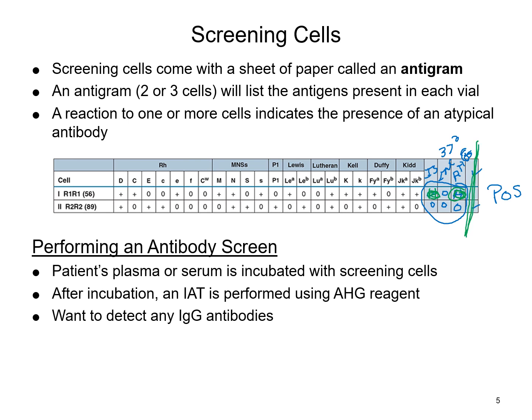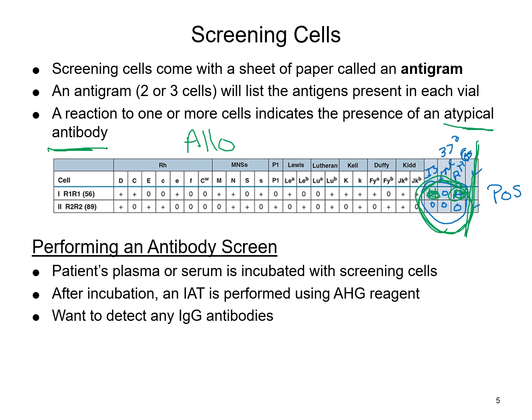If there's a reaction anywhere in your testing, in any phase for either cell, that is considered a positive reaction, which means there is some sort of antibody present. Now, this PowerPoint says atypical, but we know that that means it's an allo antibody. It's just not supposed to be there.